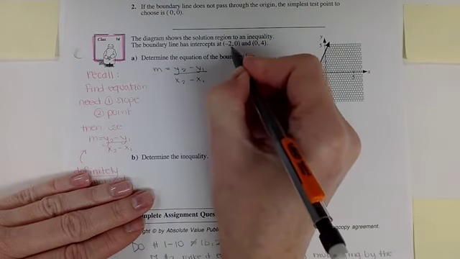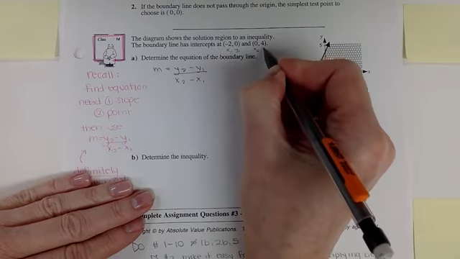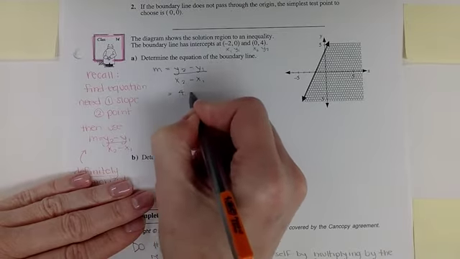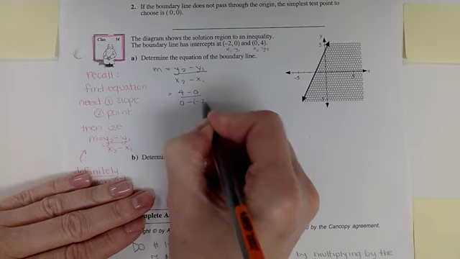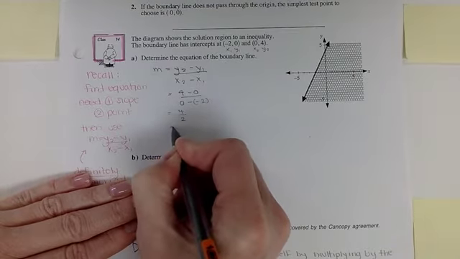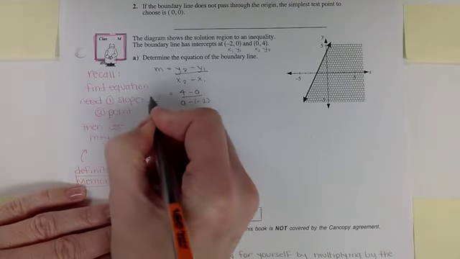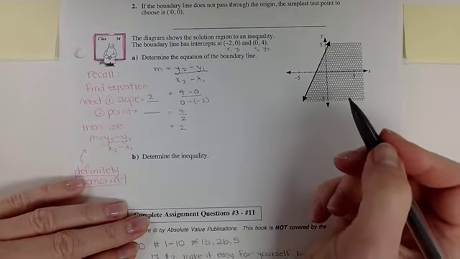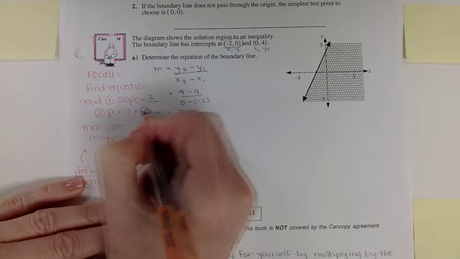So if this is my point 1, then this is x1 and y1. This is x2 and y2. So 4 minus 0 over 0 minus a minus 2 is 4 over plus 2, which is 2. So slope is 2. Point, I've got 2 of them. I'm going to choose one. So I think I will choose that one just for fun.